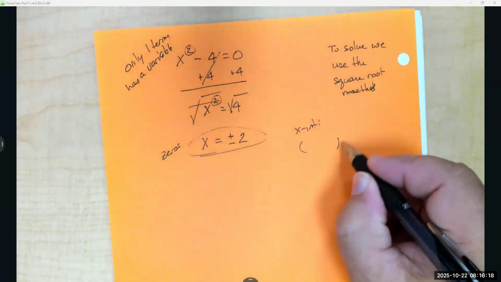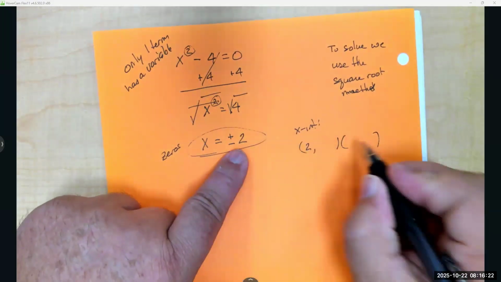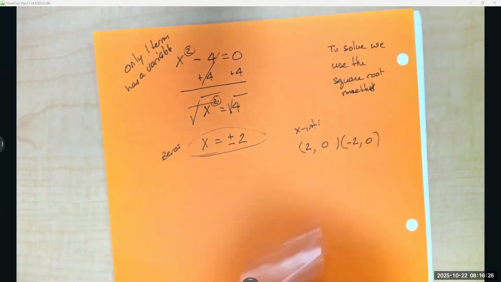So the first one is going to have +2. The next one is going to have -2. And the y's have to be 0 since they're x-intercepts. So that's the first way if we only have binomials.